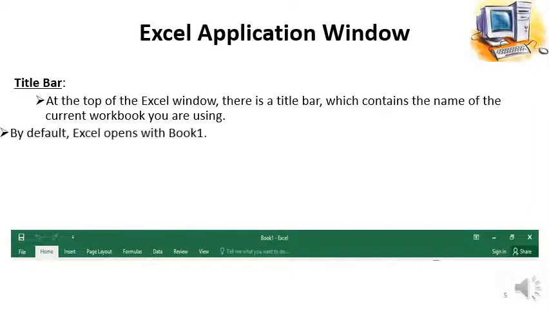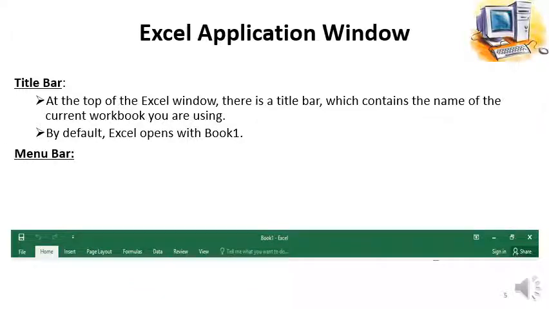By default, Excel opens with Book 1, the default name of any workbook that we create or any file that we create in Microsoft Excel. The default name will be Book 1. Here in this image we can see that it is named Book 1, which is the default name of any Excel workbook.